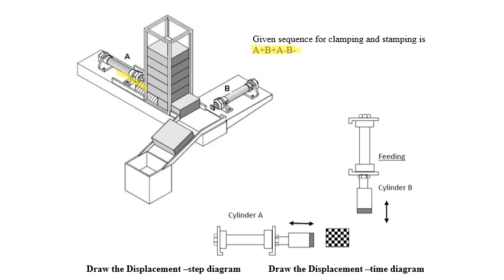Then cylinder B will push the component from that particular stack to the box, so that cylinder A is going to retract first, then cylinder B will retract. Here the sequence is: first cylinder A forward, cylinder B forward, cylinder A retract, cylinder B retract. We'll see the same kind of sketches in the next one.